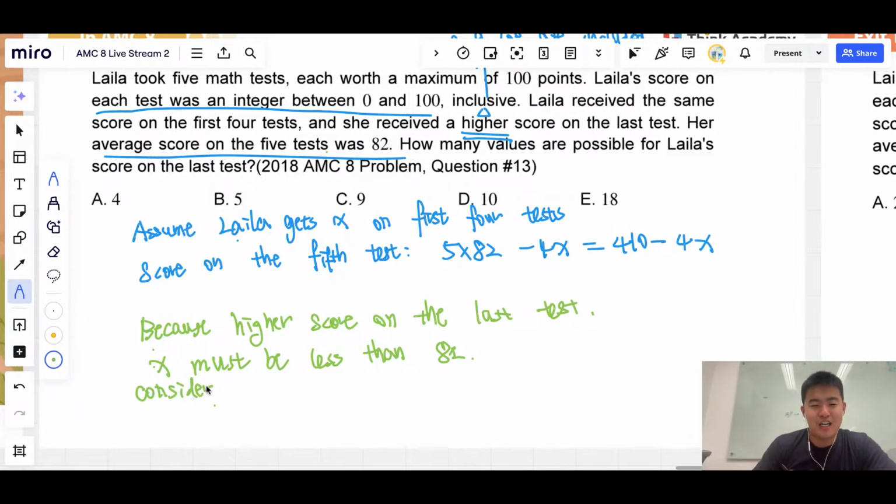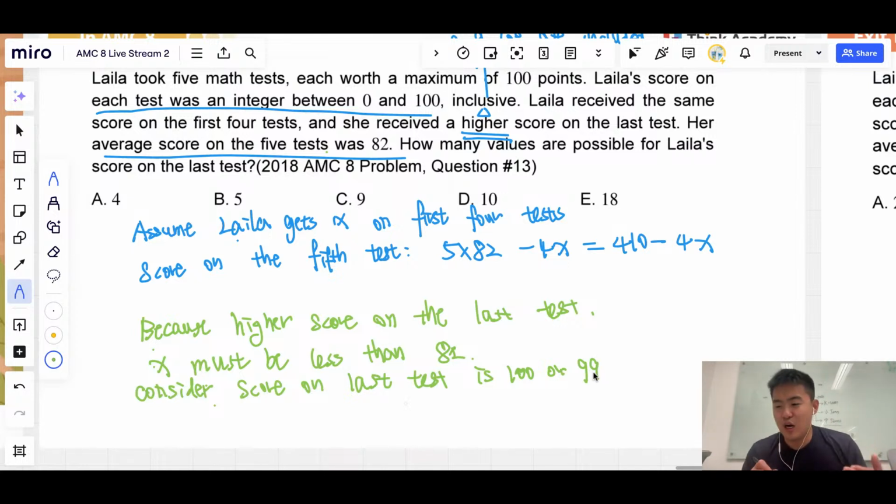Because the maximum possible points is 100, and it's inclusive, so she can get a score of 100. Consider the score on the last test is 100, or 99. Why "or"? I'm going to explain this later.